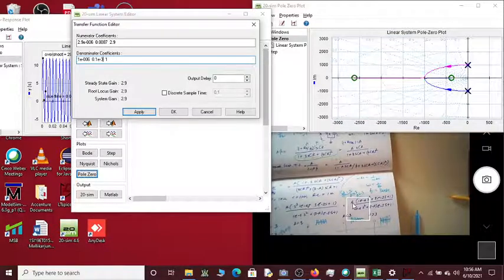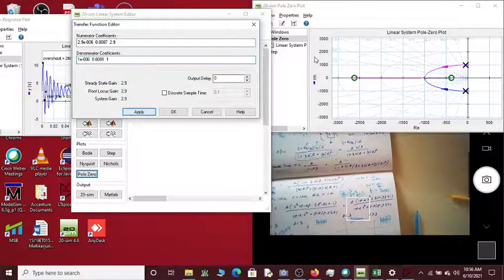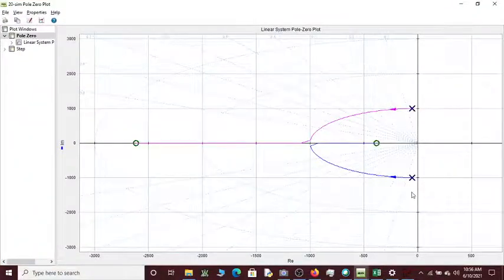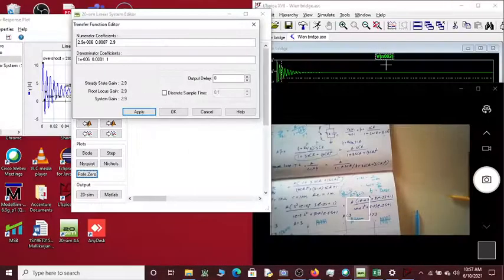And this is 2.9 to the power minus 6, and the quotient of this is 2.9 to the power minus 3, and this is 2.9. That's what I have. If I apply now, see now, the poles are there on the left hand side. See the poles have moved on to the left hand side. So this shows that the system is now stable.